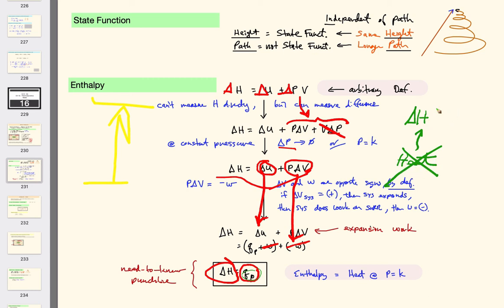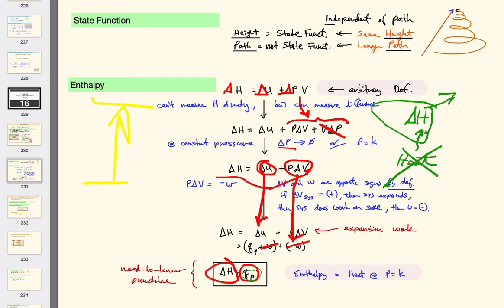Got it? And so that's why when you get into Gen Chem, we now have to start calling delta H equal what? Enthalpy. Granted, and this is true, most of the problems that you're going to deal with, delta H is going to be equal to heat.